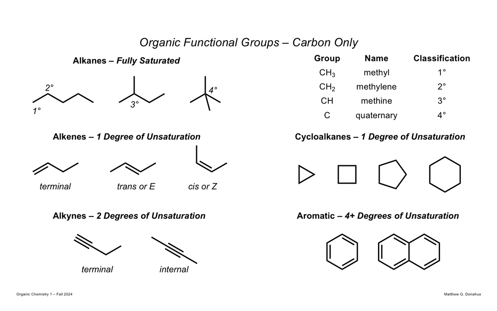And so again, the functional groups are defined as the specific bonding patterns of the elements. So I say alkanes are fully saturated. That means no degrees of unsaturation. And we were using CnH2n+2 as the molecular formula.